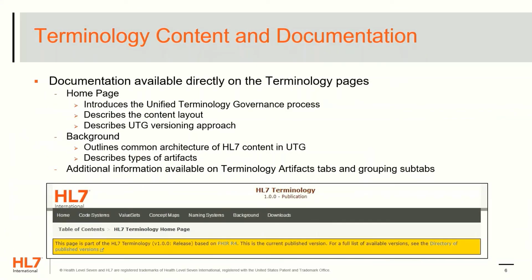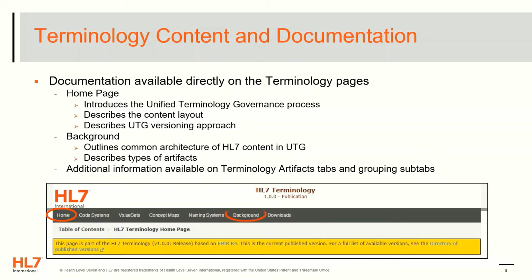The HL7 terminology pages include documentation throughout the tabs and subtabs that provide useful information in the context of each page. The home page introduces the Unified Terminology Governance process for vocabulary maintenance at HL7. It also describes the content layout of the site and the Unified Terminology Governance versioning approach.